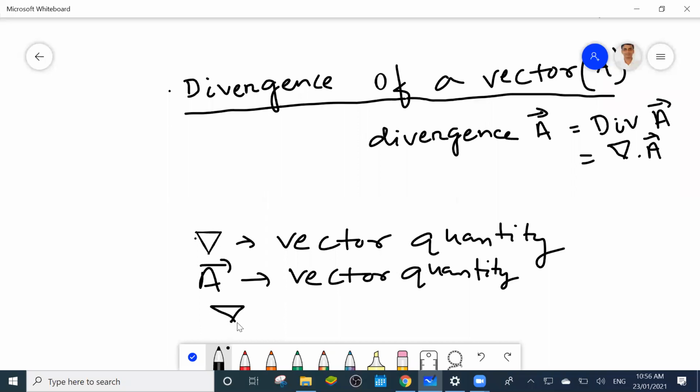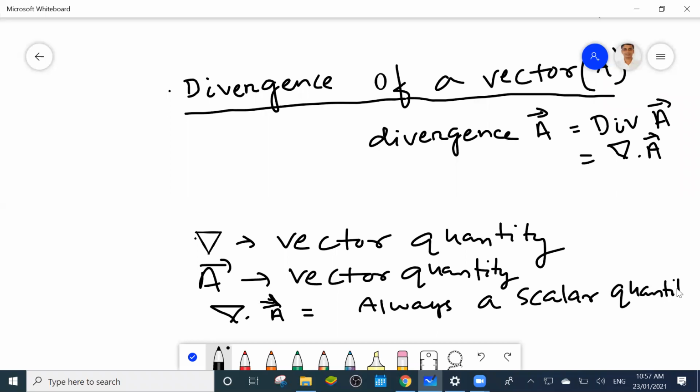So the dot product of two vector quantities is a scalar. So divergence of A is always a scalar quantity, the dot product of two vectors, so you will only get the magnitude.